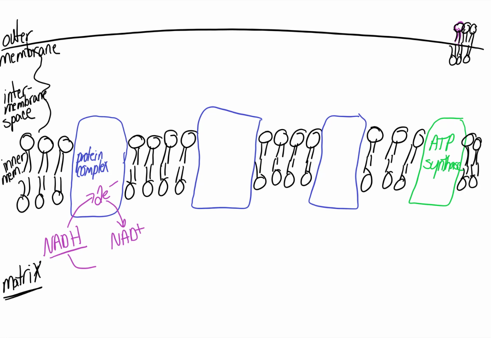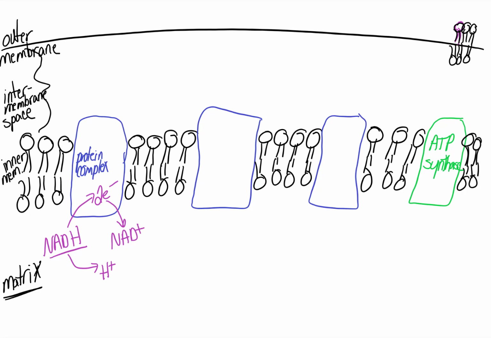Now, of course, it also has to drop off the 1 hydrogen ion that it's carrying, and it's going to drop that off into the matrix, where it joins a pool of hydrogen ions from each of these electron carriers dropping off their electrons and releasing the hydrogen ions they're carrying.